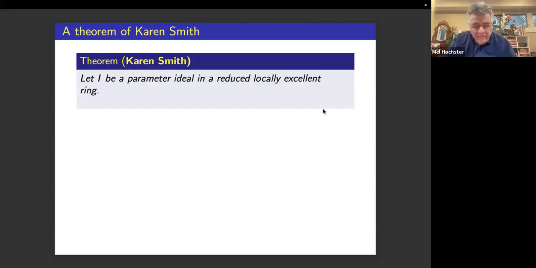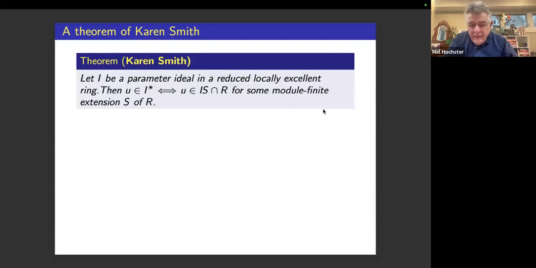Now, I want to talk about a theorem due to Karen Smith that's very important. Let I be a parameter ideal in a reduced locally excellent ring. Then u is in the tight closure of I if and only if u is in IS intersect R for a module finite extension S. So this is what I mentioned briefly earlier: you can recover the tight closure by expanding and contracting.